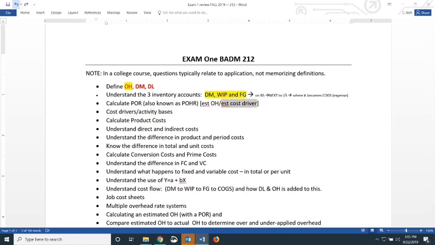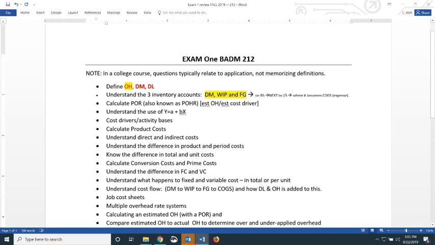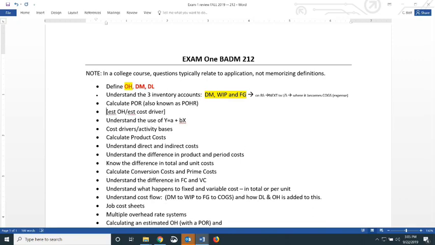So I'm going to actually move right down and pull this up. Let's see if you can remember what this is. When we use this formula, I'm going to pull this formula out so you can remember this important formula. Estimated overhead is sometimes done this way. The use of y equals a plus bx is the way we calculate estimated overhead.